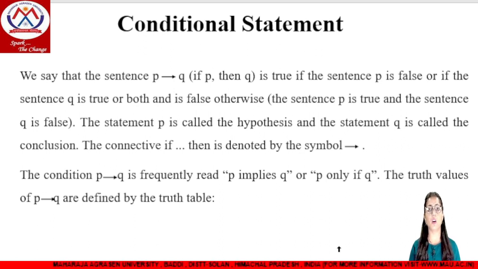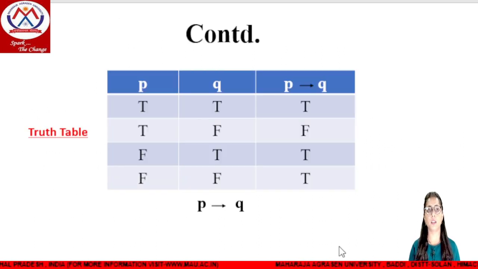The statement P is called the hypothesis and the statement Q is called the conclusion. Here the connective "if then" is denoted by the symbol for implies, looking like an arrow. The conditional P implies Q is frequently read as "P implies Q" or "P only if Q," and the truth values of P implies Q are shown here.